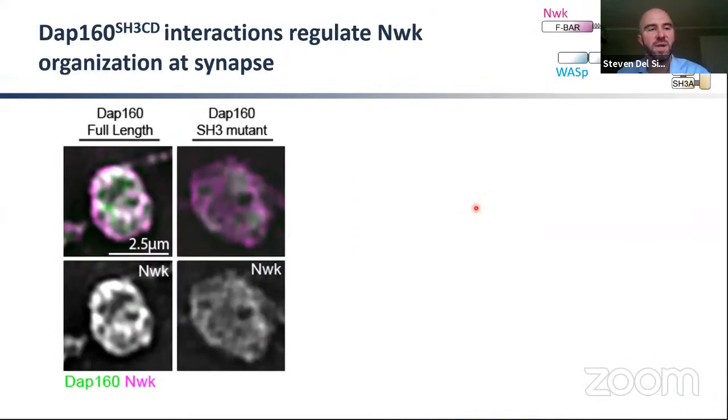And so then lastly, we can ask questions about what are the mechanisms that are regulating the formation of this reticulum. And so this is just comparing, again, the same control synapse on the left here, and this mutant which blocks the interaction between DAP160 and nervous rec. And what you can see is that the synapse on the right has a much more fragmented mesh.